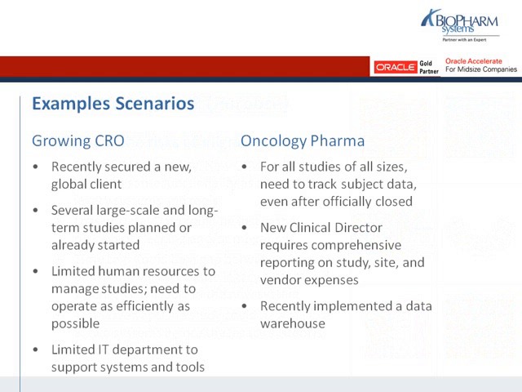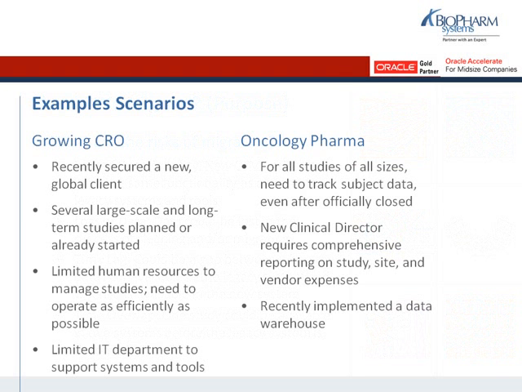So this next slide just shows a couple of examples of different types of organizations and the different factors they need to consider when taking on a data migration initiative. There's no secret formula to when you should migrate or when you shouldn't, but certain factors will weigh in more than others at various organizations.